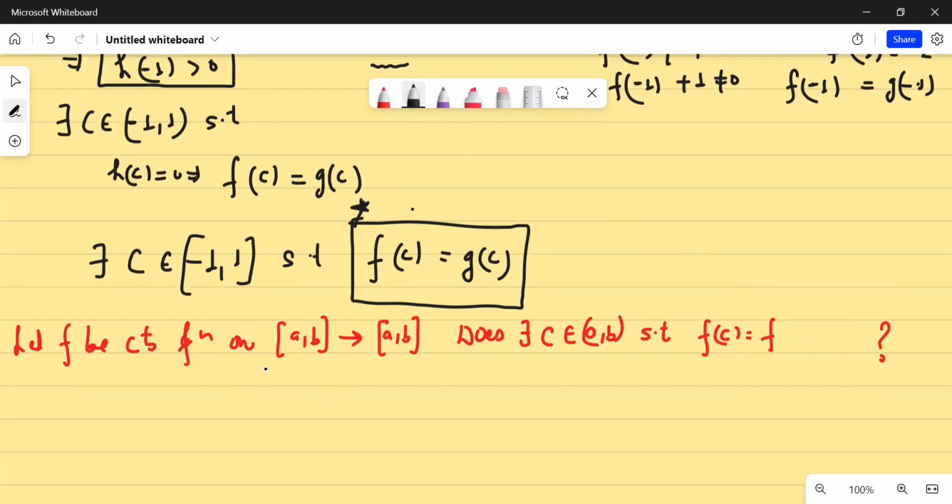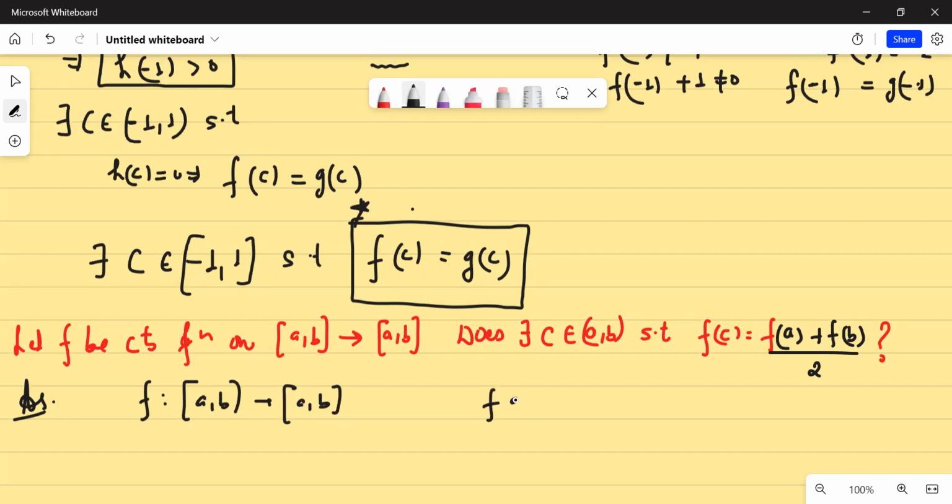ऐसा कर लेते हैं, गिवन दैट, ठीक है, ऐसा भी कर सकते हैं ना, f of a plus f of b. सो देखो, अभी तक मुझे एक बात समझाओ, अगर फंक्शन कंटिन्यूअस है एंड इट इज डिफाइंड फ्रॉम a comma b to a comma b, it is very much clear that your f of a will always lie between a and b.